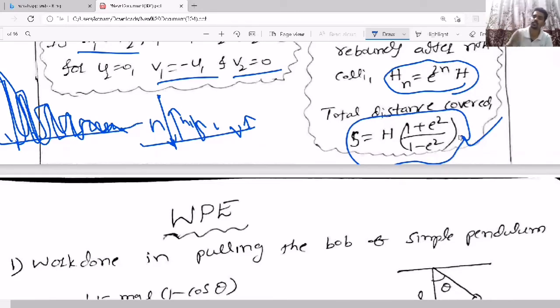You have to add H1 plus H2 plus H3 and so on up to infinity. Then it will become a geometric progression, GP series. Then you have to take the infinite GP sum, a by (1 minus r) formula. Then you will get this formula. So this way you can understand what kind of questions will come.